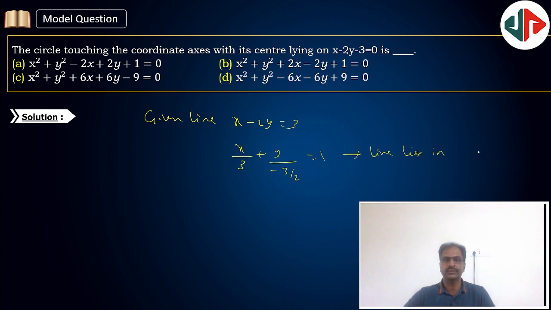X intercept positive, y intercept negative means fourth quadrant. So many times we did. The circle which touches the coordinate axes has its x coordinate, y coordinate, and radius the same. So if r is the radius, then the center will be (r, minus r).